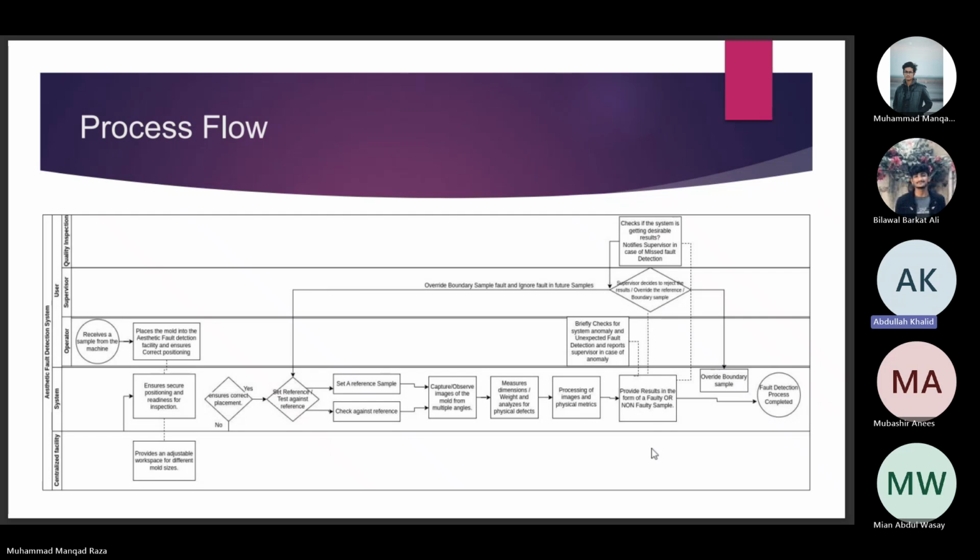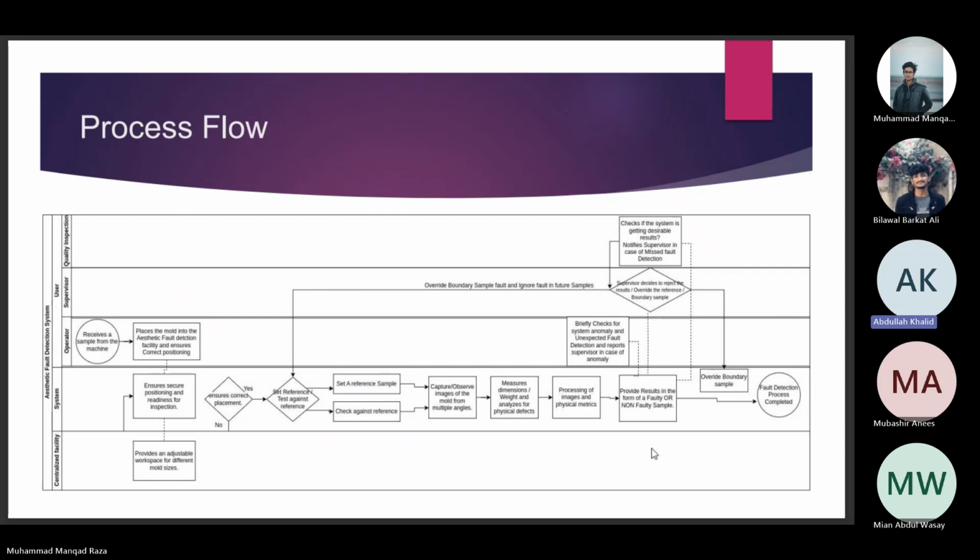Currently, most of the tasks in the system row are handled by the operator or the supervisor. But now we have this system row, which is entirely separate.